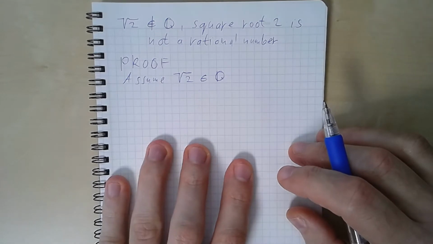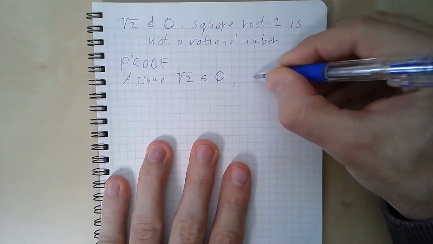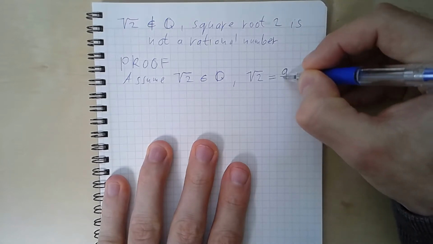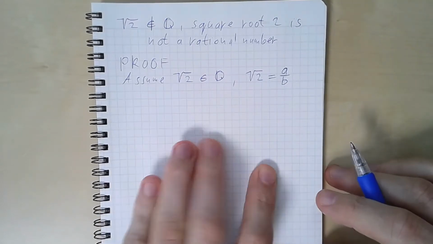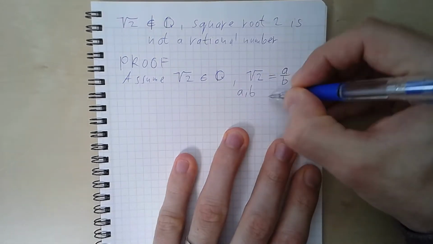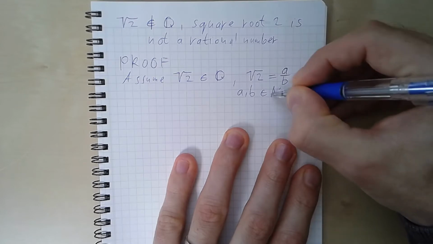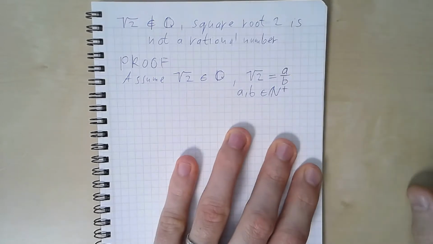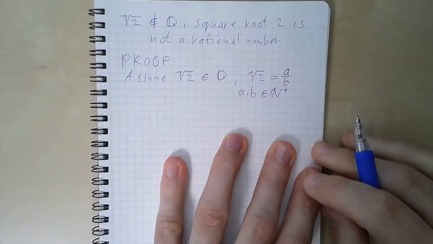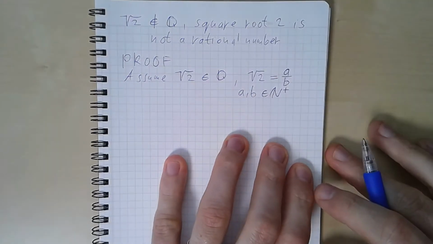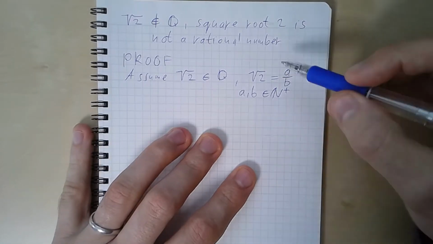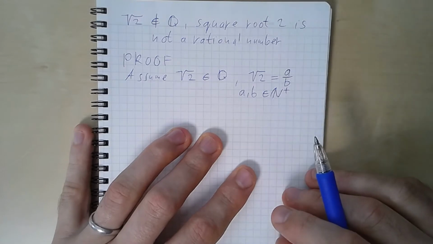That means that square root 2 can be written as a divided by b, where a and b are natural numbers. Well, let's say non-zero natural numbers. Just the usual ratio, usual fraction you've seen. So that's the initial assumption.